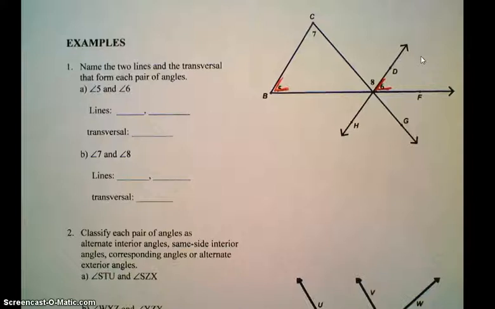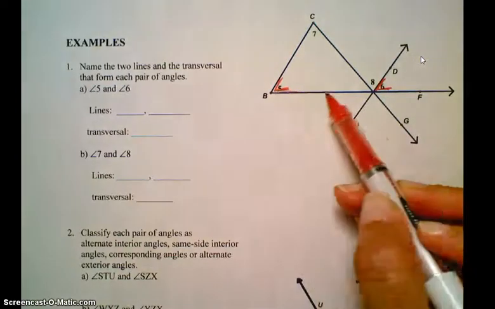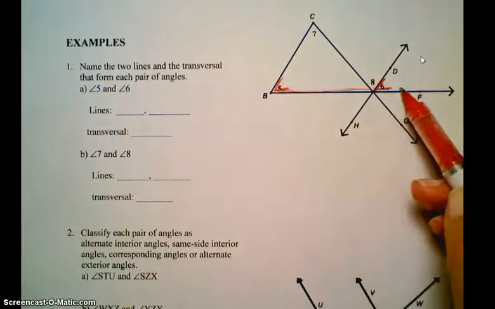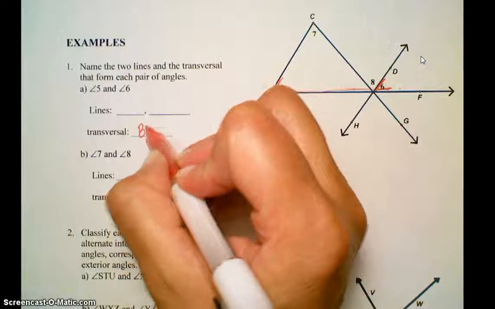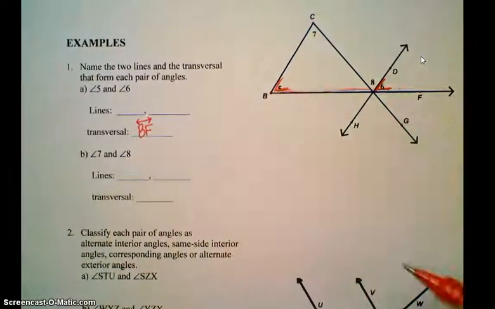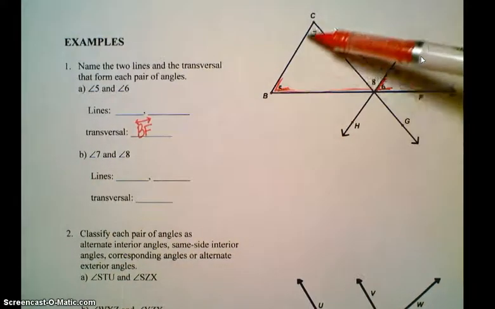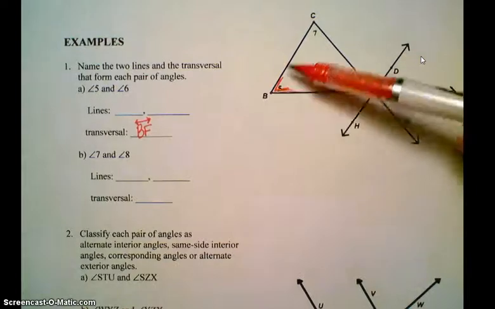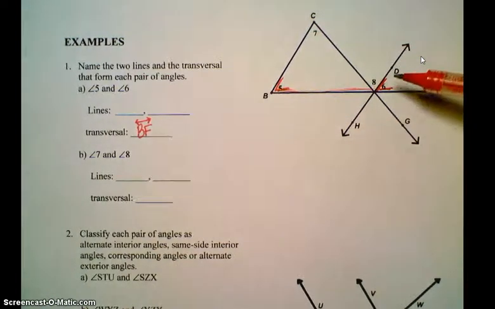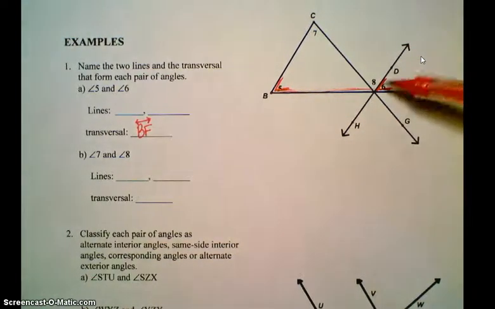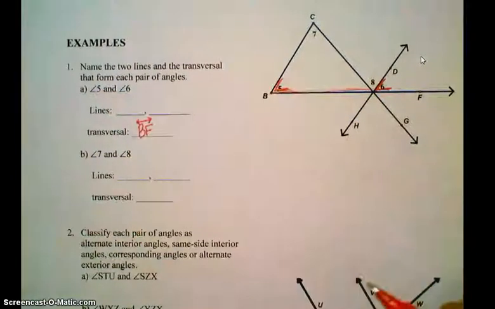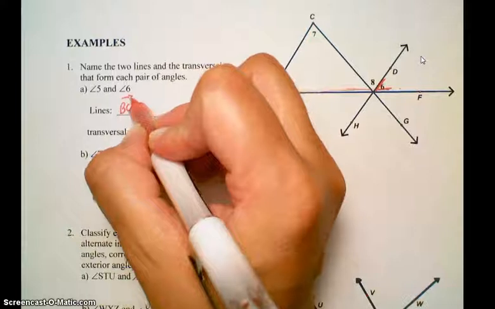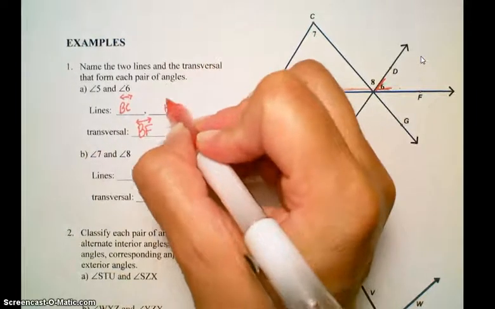At that point, I can see that those two angles are sharing this line right here, and therefore that's my transversal, which would be line BF. And then I can see that the two sides that are not being shared are BC and this side, which is part of line HG. So that would be my answer for that one, line BC and line HG.